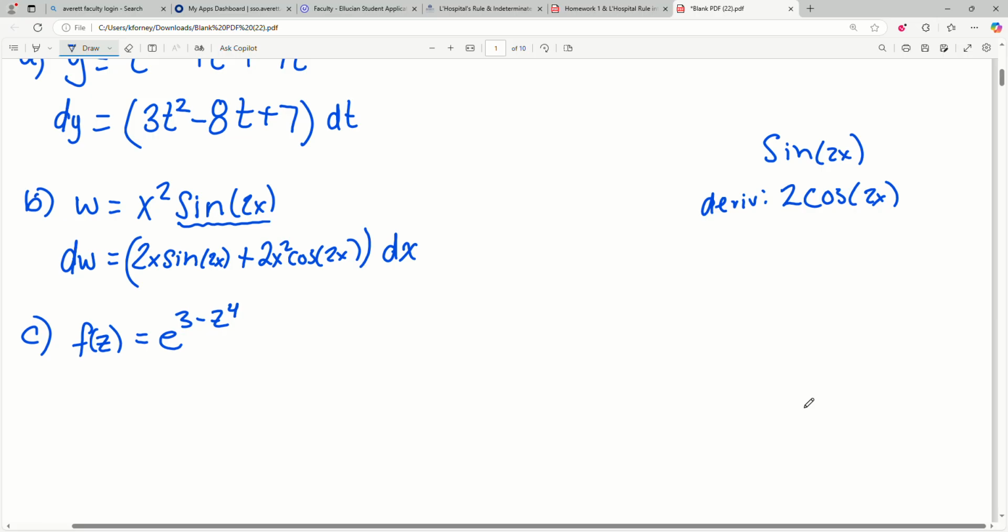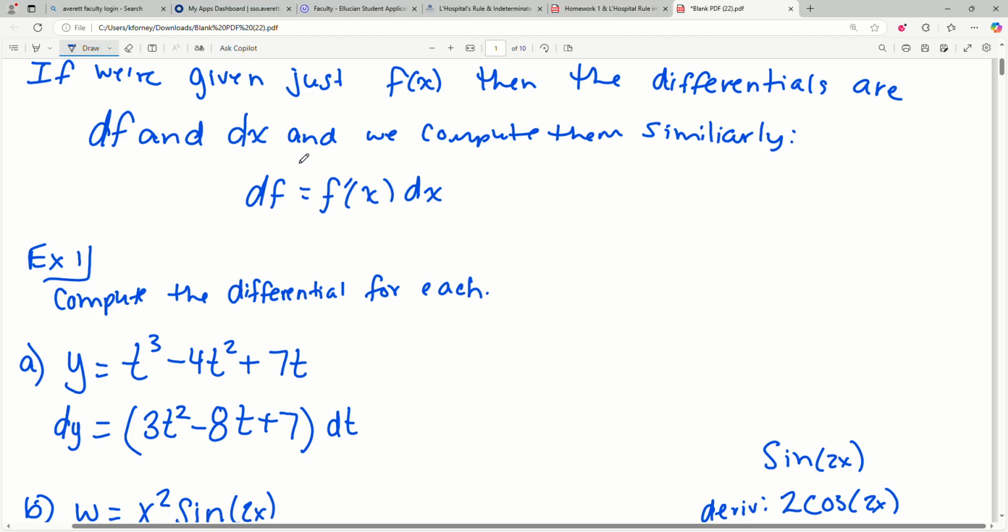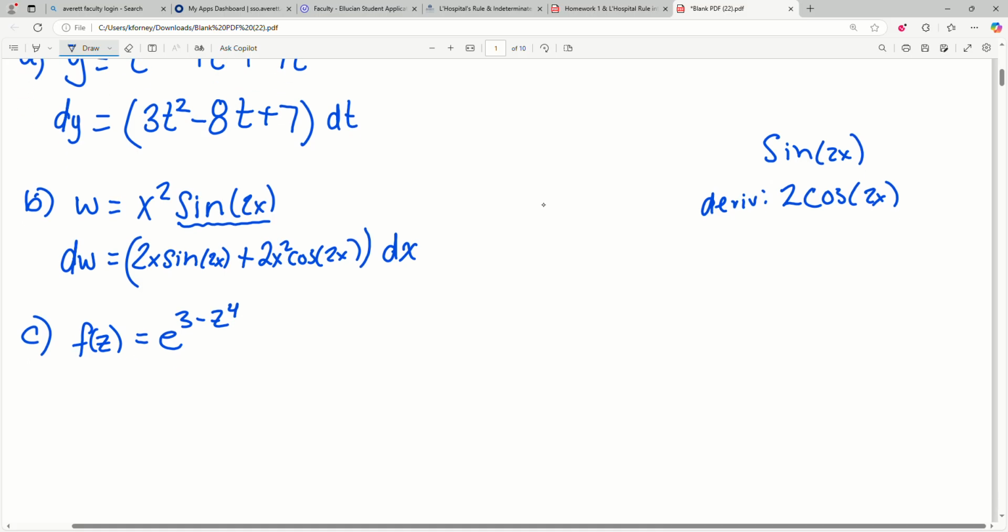Remember, right here we said when you have f of x, that's going to become df. So for f of z, that becomes df. And once we take the derivative, this is going to be d what? z. It's always based off of your variable, not your exponent.